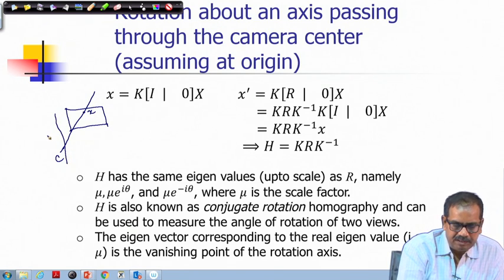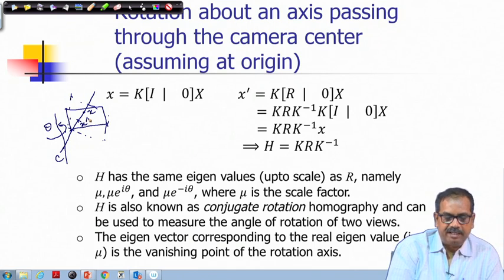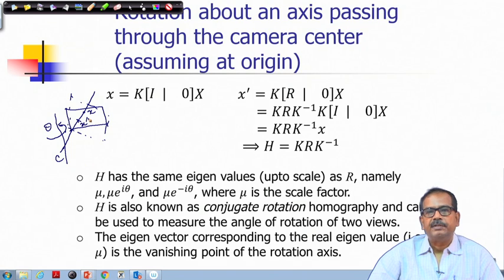Now, if I rotate this image plane by an angle theta about an axis, you can consider another image plane due to this rotation, and you will get an intersection with that image plane at a point x prime in that image plane of the rotated camera. Now, we will see that there exists a homography between these two points.